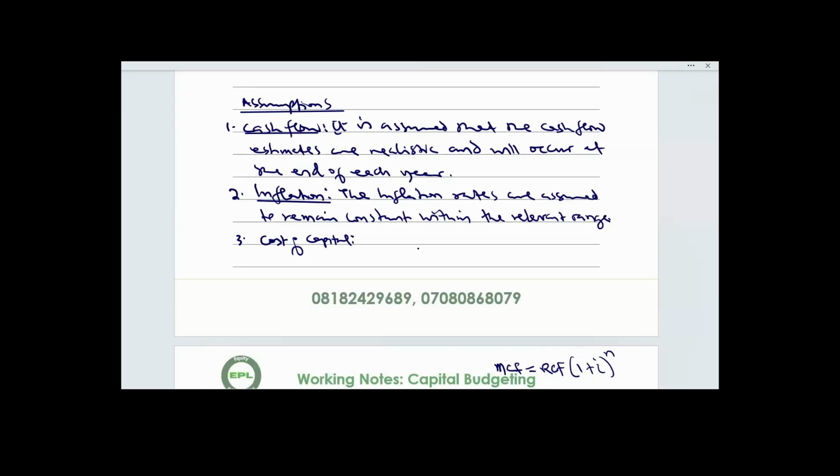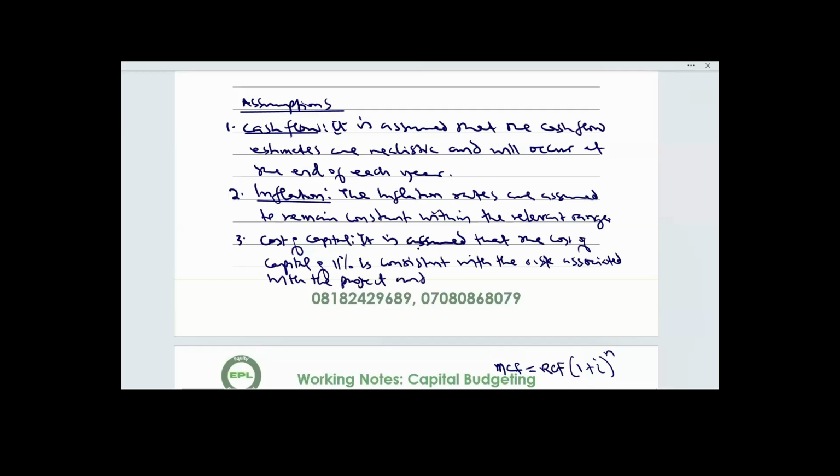So I can then say it is assumed that the cost of capital of 11% is consistent with the risk associated with the project and the cash flow, money cost of capital for money cash flow.